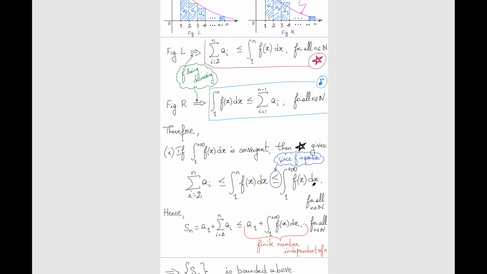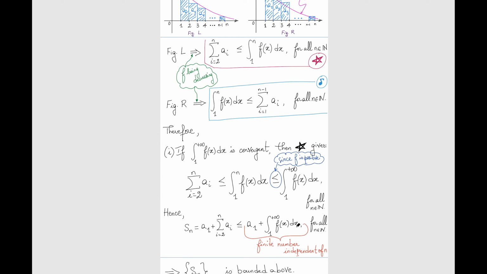So let's add a1 to this guy. So you get a1 plus this finite number. I mean, this improper integral is finite, right? Because it's convergent. This is the assumption. So this is a number plus a1, which is another number. So this whole thing is a finite number. Most importantly, it's independent of n.